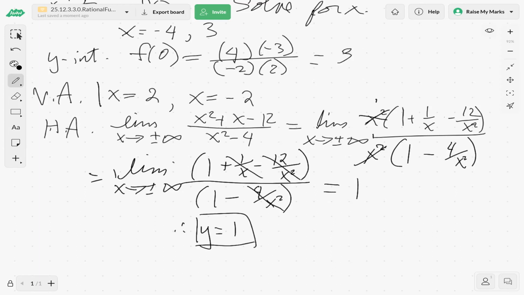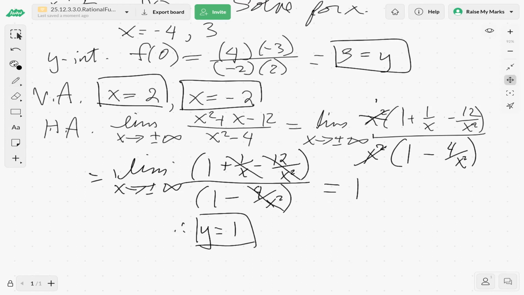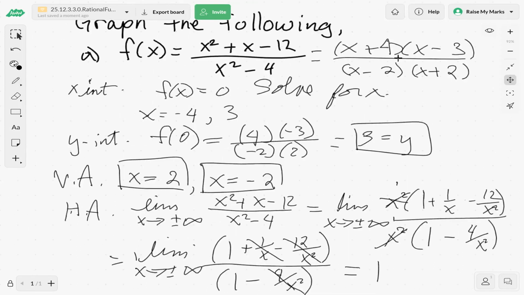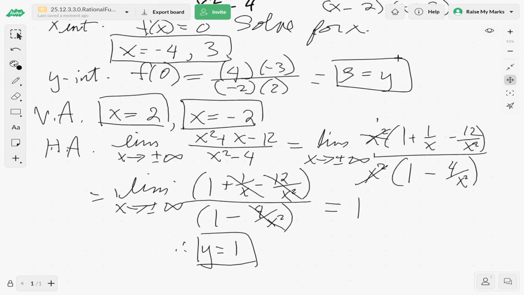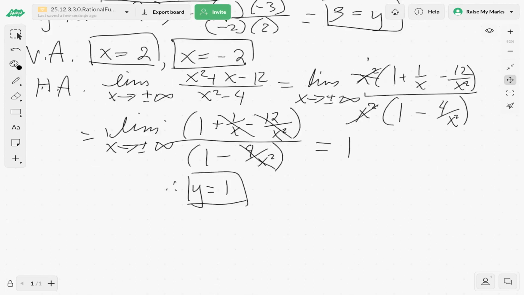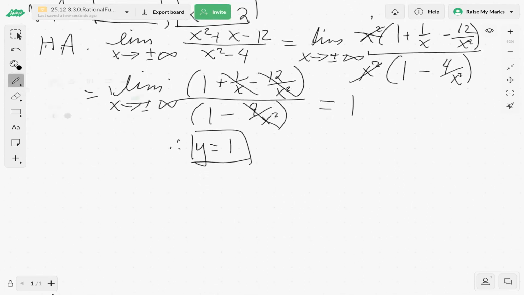All right, so let's put some boxes around some of these things so we know what information we need from here. Our x-intercepts are x equals -4 and 3. We have our y-intercept, vertical asymptotes, and horizontal asymptotes. Let's consider our domain. It's nice to have that.